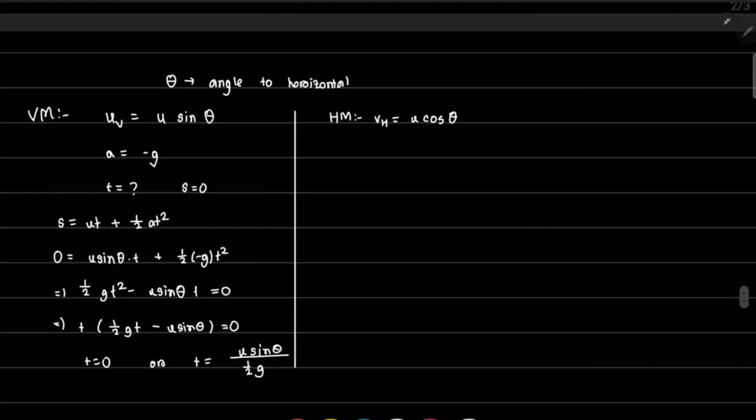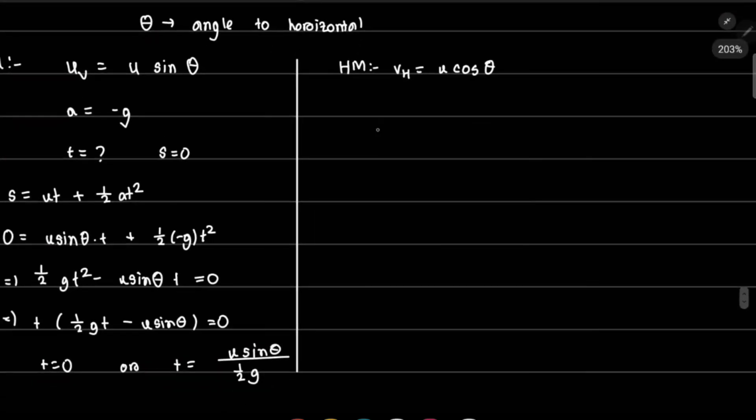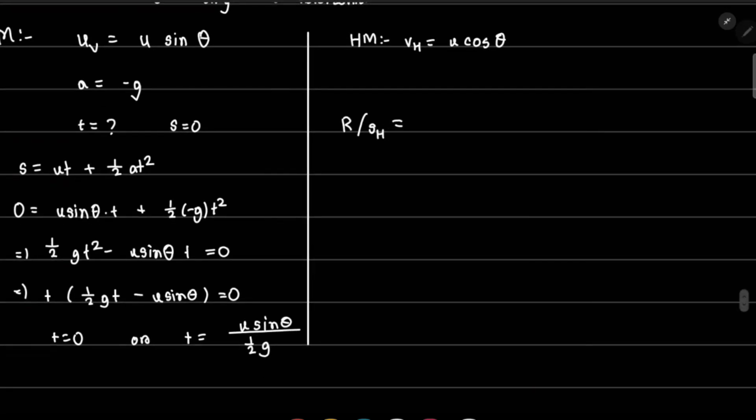Now for the horizontal motion, we use the same time. So the range R, or the horizontal displacement, is equal to u cos theta multiplied by u sin theta divided by half g.